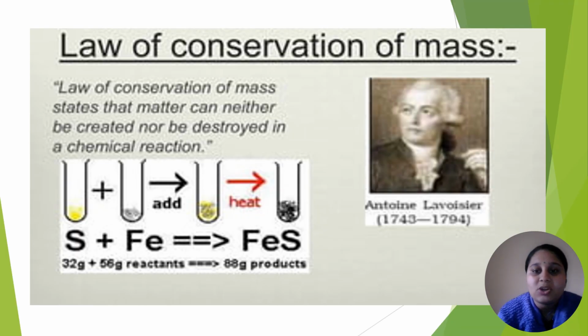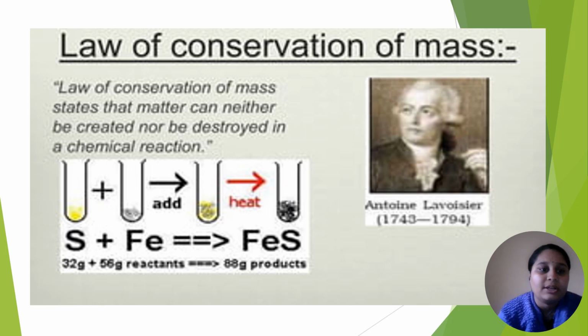The first law is the law of conservation of mass, introduced by Antoine Lavoisier. He stated that matter can neither be created nor destroyed in a chemical reaction. However much reactant you add, that much product is formed.